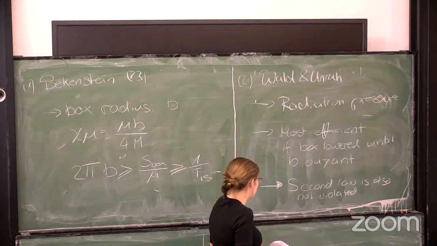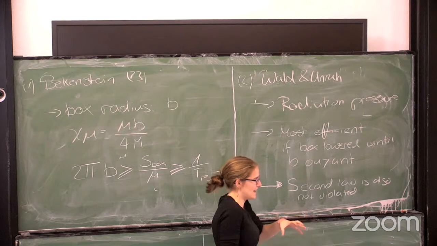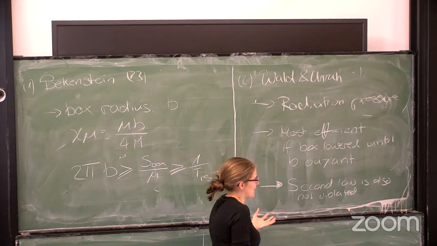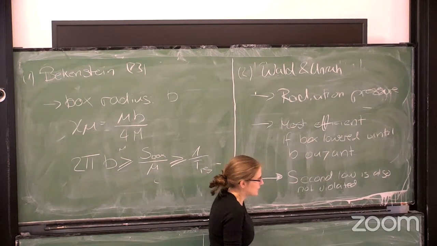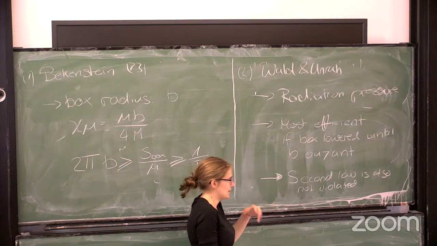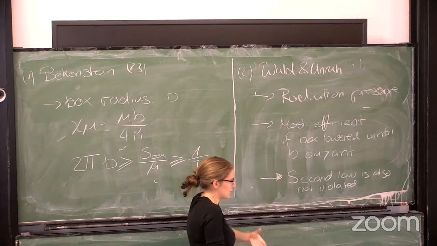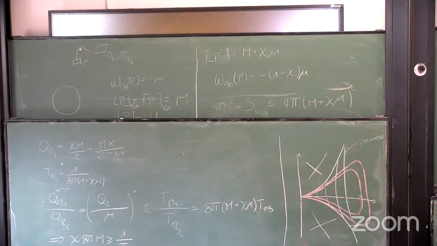And so the entropy in the box is lower than or equal to the entropy of this thermal radiation, so the entropy cannot decrease.